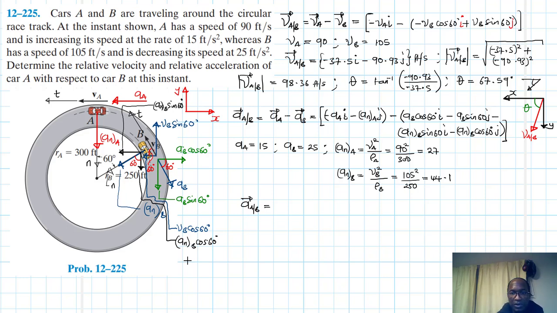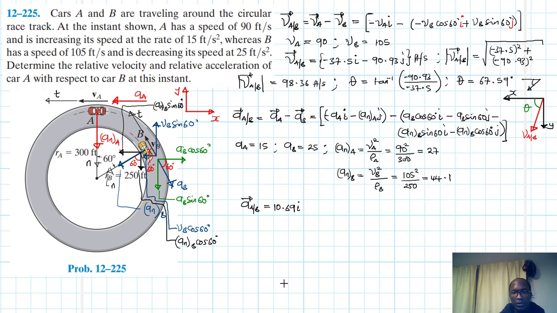Minus AA, which is 15, then minus AB, which is 25 cos 60, and then plus ANB, which is 44.1 sine 60. So we have 10.69 i. Great.